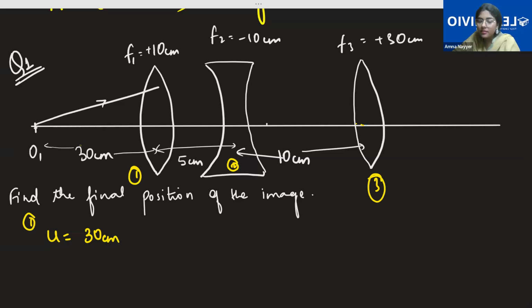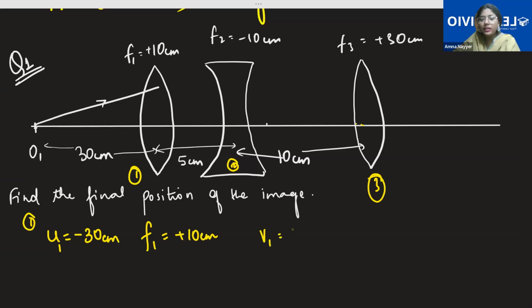Object distance, real object, obviously it will be negative, minus 30. If you don't put the sign convention, your answer will come exactly the opposite, wrong. The image will be formed where the object is present, which is not true in this case. Put the sign convention, class. Focal length for this is f1, so focal length is plus 10 centimeters.